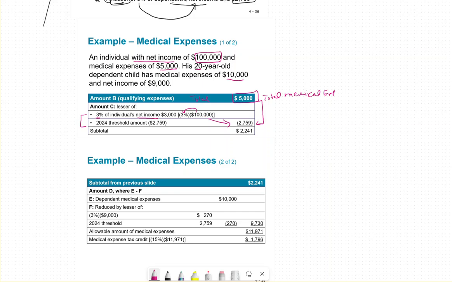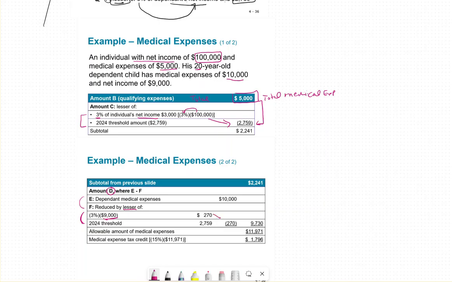Now I'm going to look at my amount D. In order to calculate my D, I need to look at my dependent's medical expenses. They told us the dependent's medical expenses are 10,000. Then we have to take the lesser of the income the dependent made multiplied by 3%, and the threshold.